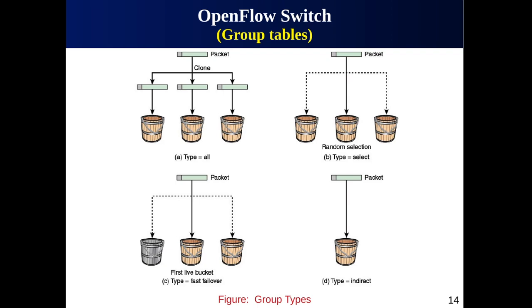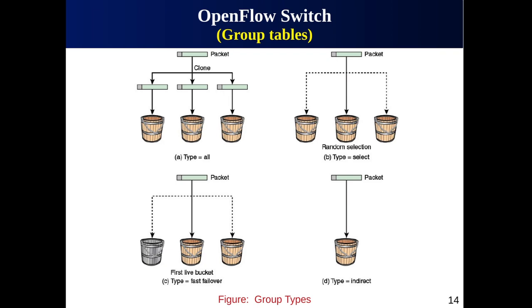Okay, so here is an example, and you can see that a group is actually designated as one of the types that are actually shown here. Like we have all, we have select, we have fast failure group, and we have indirect group.